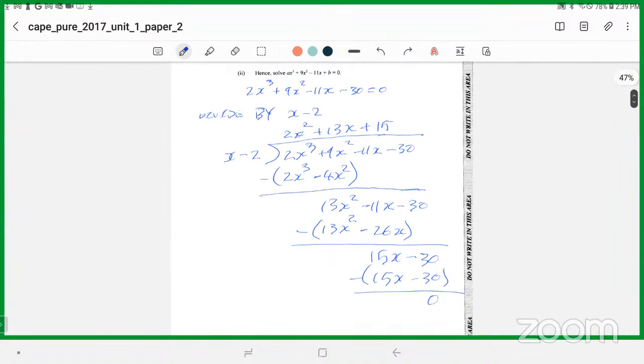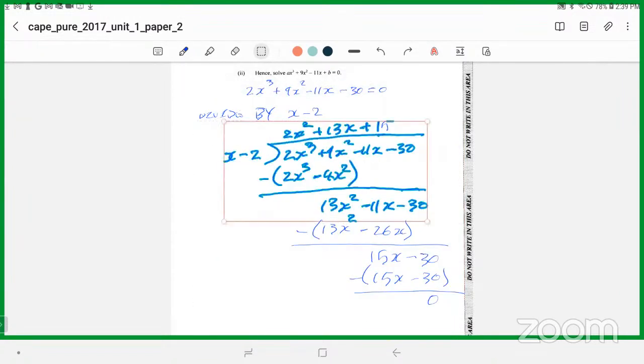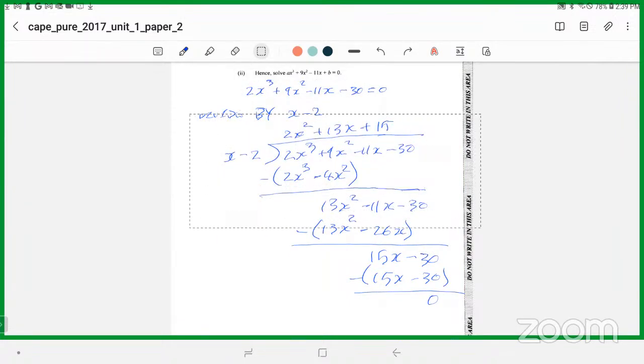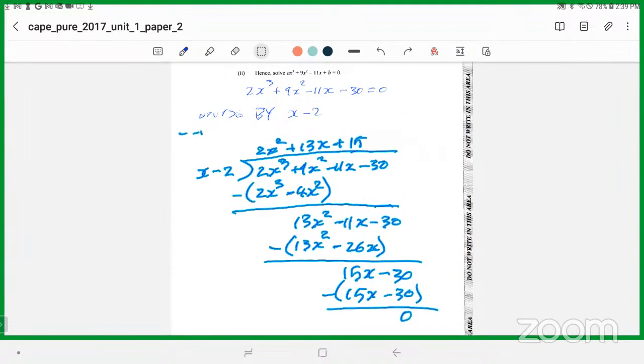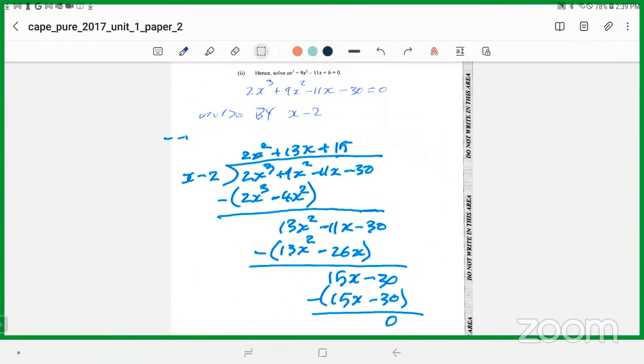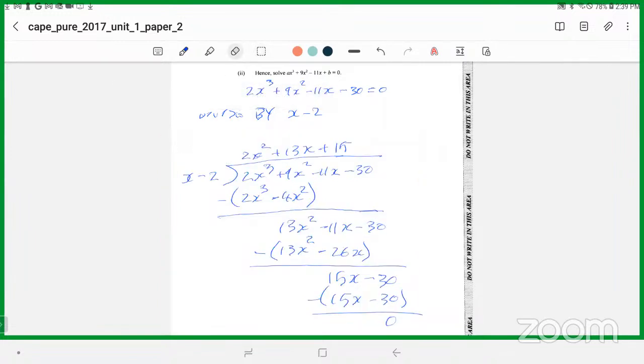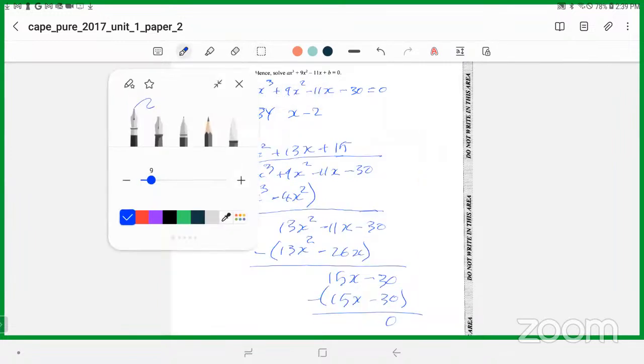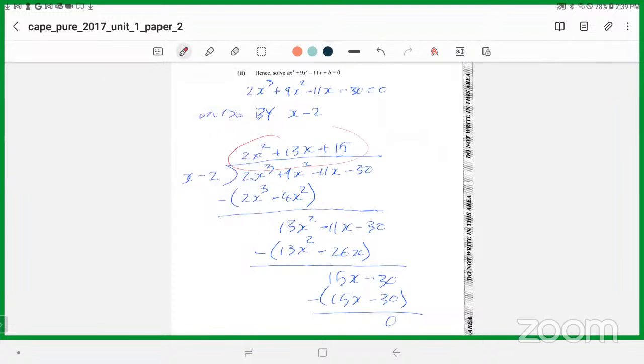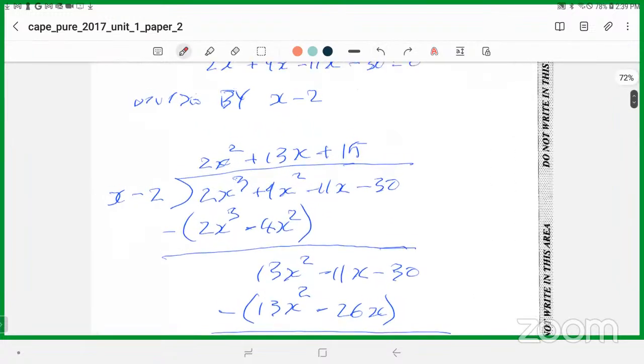Let me zoom this down. And let's factorize this where it is, so we can get the other factor.